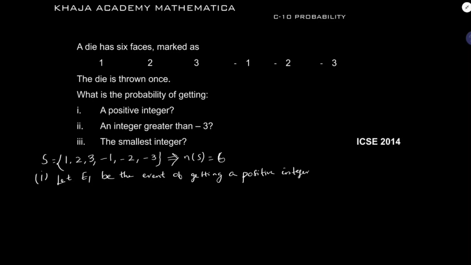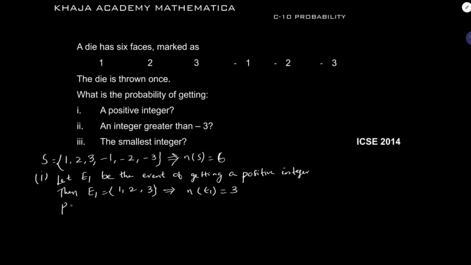So see E1 here. E1 will be positive integers out of all these, that is 1, 2, 3. So that implies number of elements in E1, that is favorable outcomes, are like we have 3.